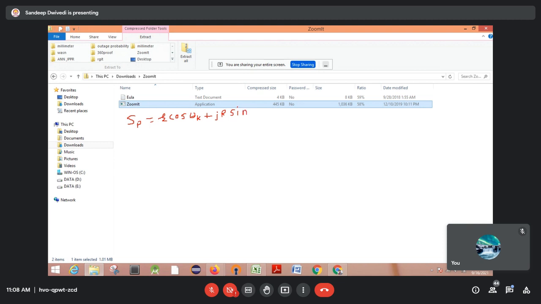These values we have already calculated, we just need to put the values in. Theta k we have calculated, and the minor axis and major axis also. Then from that you get the xk and yk values, and you just need to put them over here.